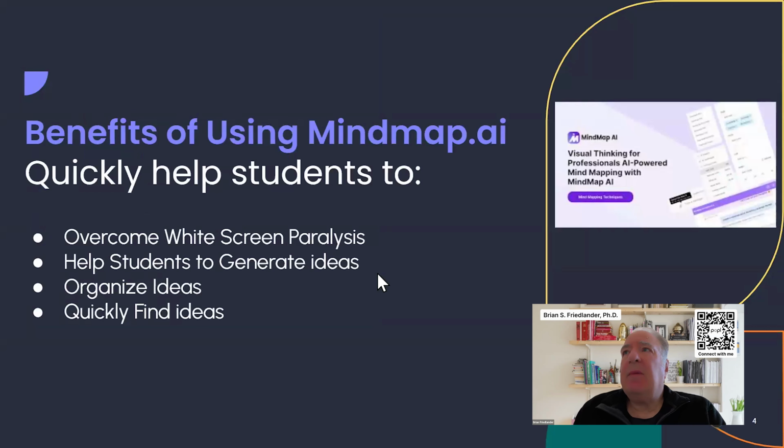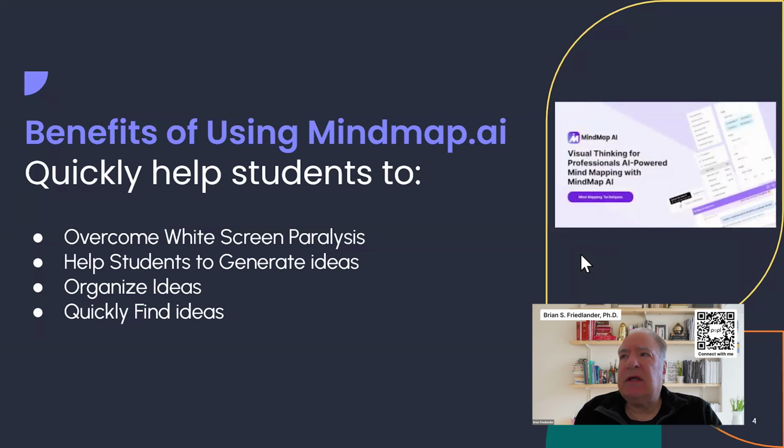With Mind Map AI, one of the nice things about it is that it can help students overcome this and just get them started, stimulate their thinking, and help them generate ideas on the particular topic. Once they're able to visually see the ideas and organize them, they're more readily able to figure out what they want to write about and start composing.